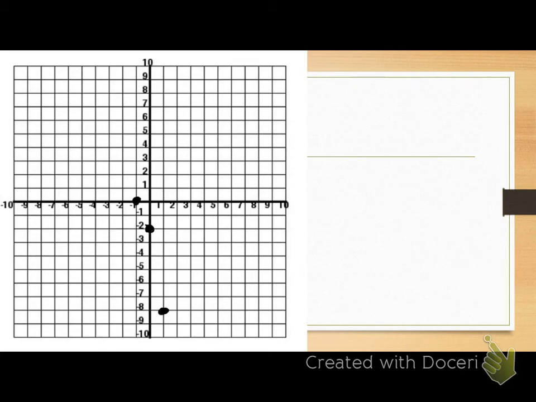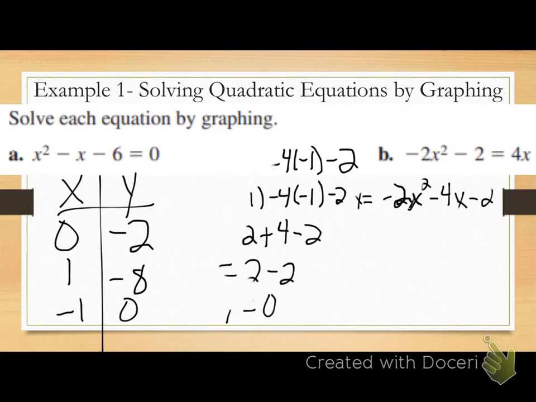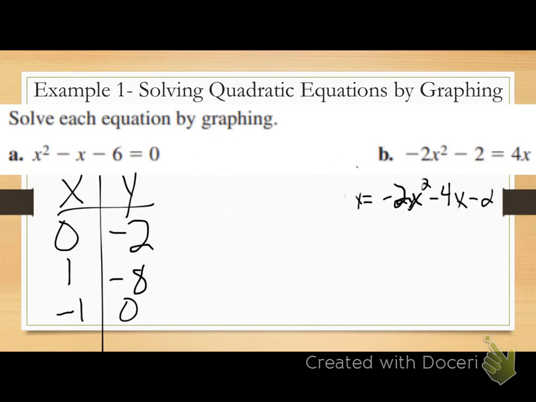Does everyone see how the gap from this point to this point got smaller? So we're probably going in the correct direction, to the left. What's the next number after negative 1? Negative 2. So y equals negative 2 times negative 2 squared minus 4 times negative 2 minus 2.